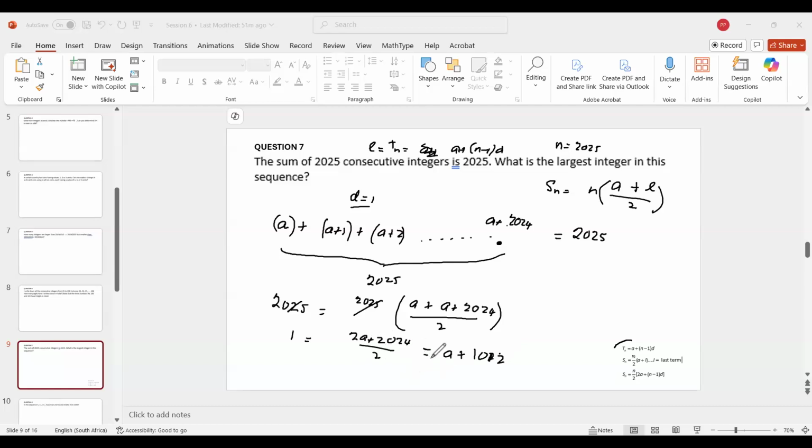So you divide this by 2, you get 1 equals this. So therefore A will be equal to 1 minus 1012. That's your unknown, right? So you bring A to one side and take all the numbers to the other side. And 1 minus this is negative 1011.